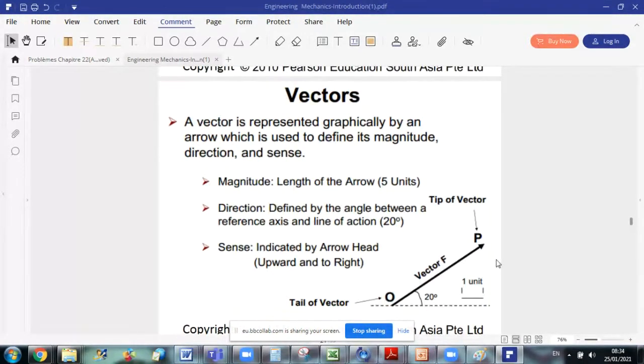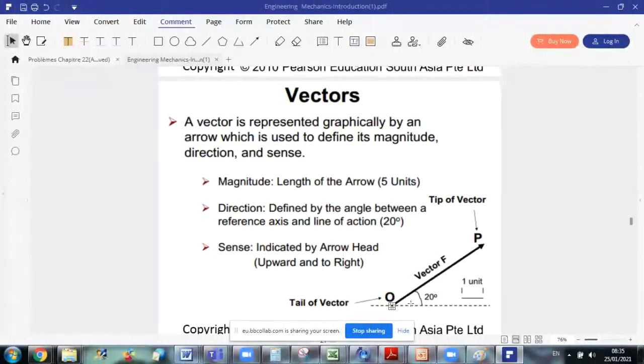As we have seen, the vector is defined by the following properties. First, you have the point of application, at which point the vector is acting. In case the point of application is not of interest, we call it a free vector, so wherever I put it, it will have the same effect. We will see together that the moment vector is a free vector, while the force vector is not.